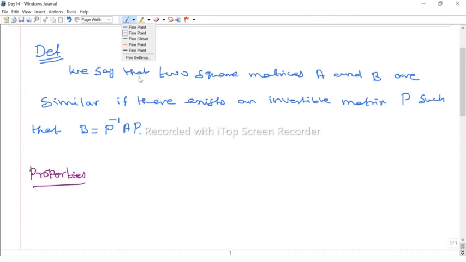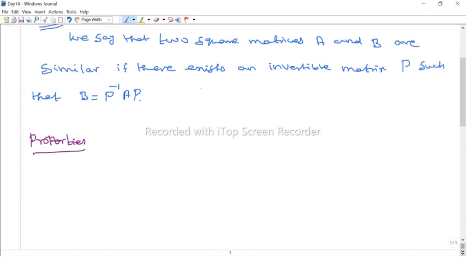The first property says the characteristic polynomial of similar matrices are the same.